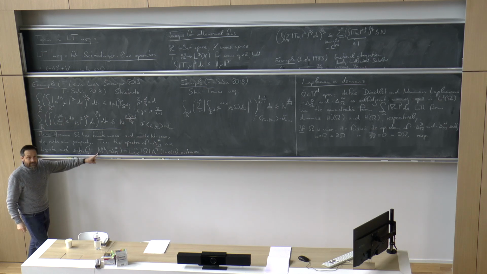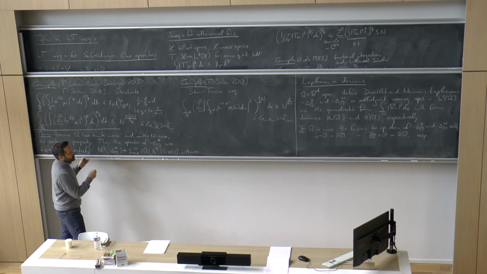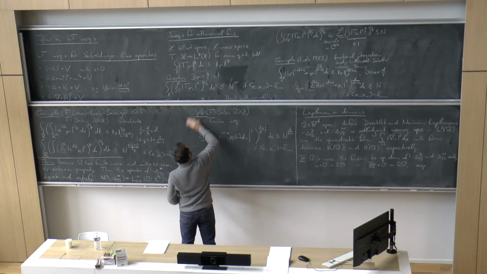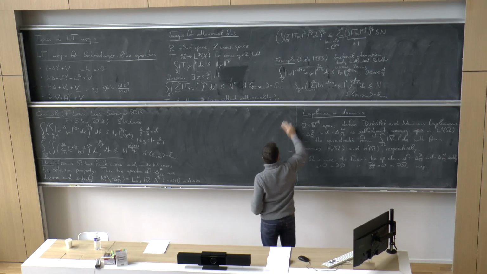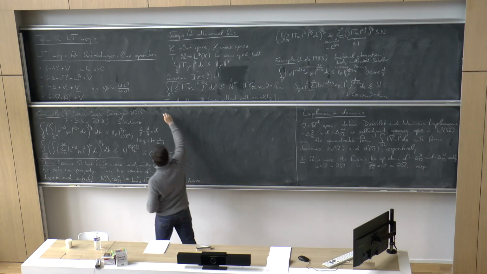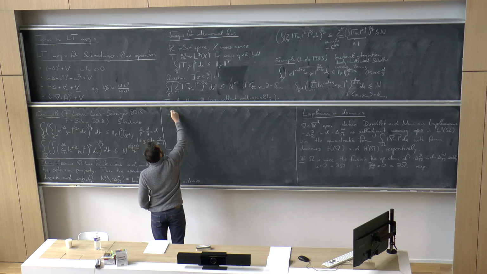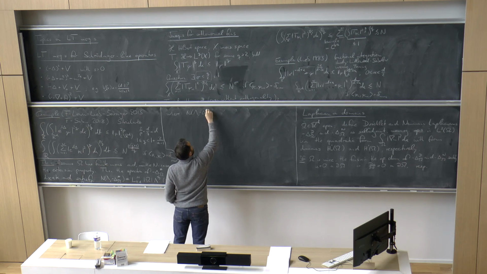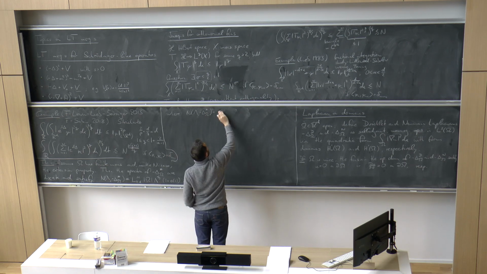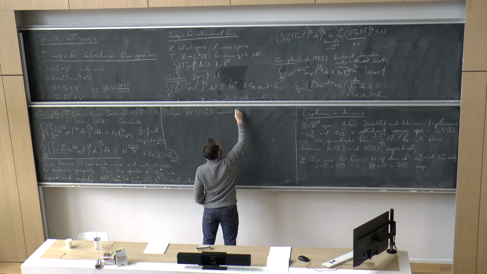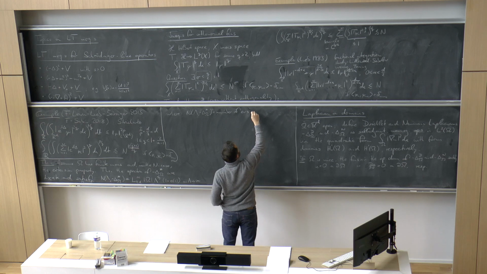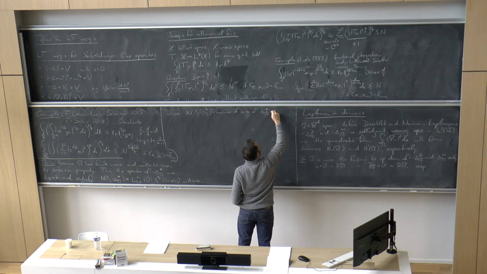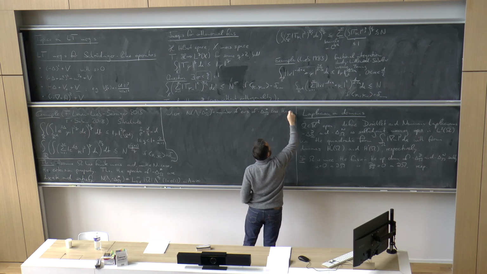And I should tell you what that means. That is the number N of lambda of this operator, which is equal to the number of eigenvalues, of course counting multiplicities, of minus the Laplacian on Omega hash less than lambda.